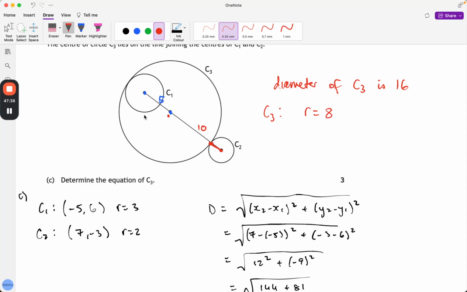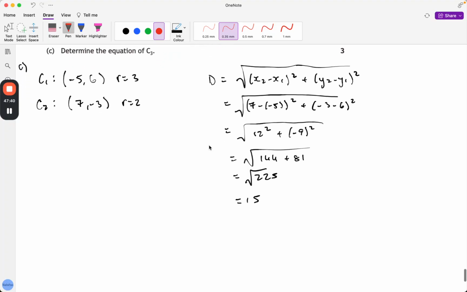So I'm just going to draw this down here so that we've got it. So we've now got this straight line which is joining our C1 and our C2, and then our C3 goes up here actually, apologies. And we now have this 5 to 10 ratio, which we can simplify by dividing both sides by 5, because ratios can just simplify as much as possible, and that gives us a 1 to 2 ratio.